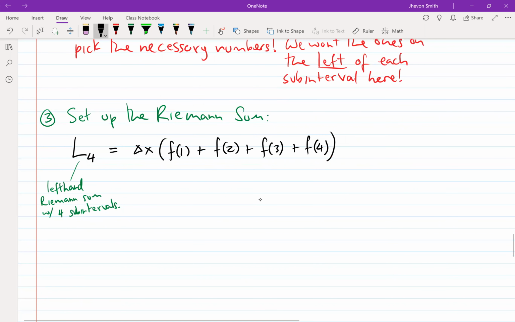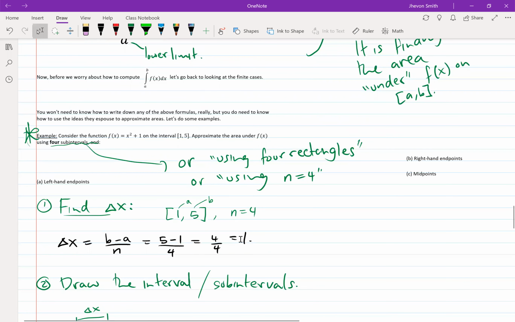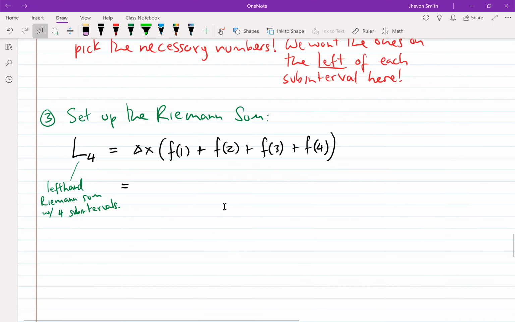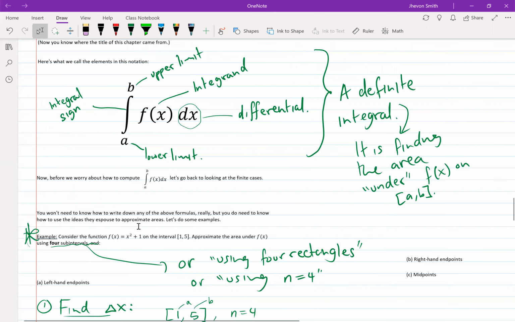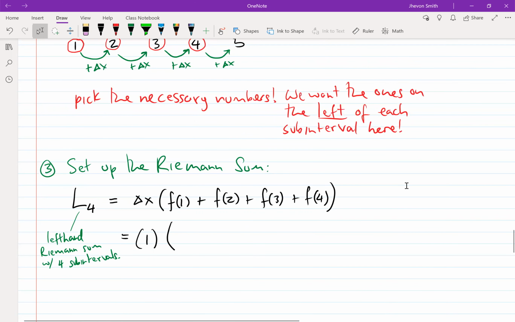And now I'm just going to plug it in. What was my delta x? It was 1, so this is just a 1 here. And what was my f? Remember, our f of x was x squared plus 1. So f of 1 is 1 squared plus 1.